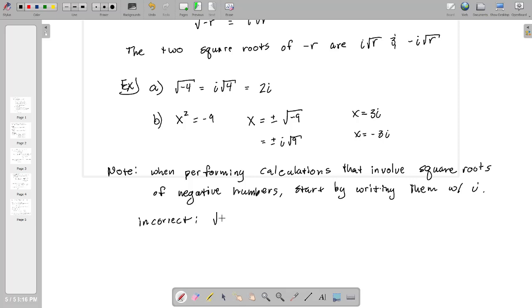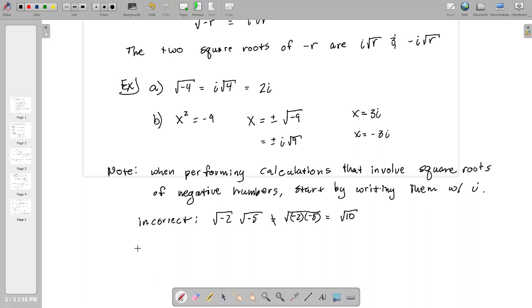Suppose that we wanted to multiply the square root of negative 2 and the square root of negative 5. Now the incorrect way would be to combine these into a single radical and say negative 2 times negative 5, and that gives us the square root of 10. Of course, this is not equal.